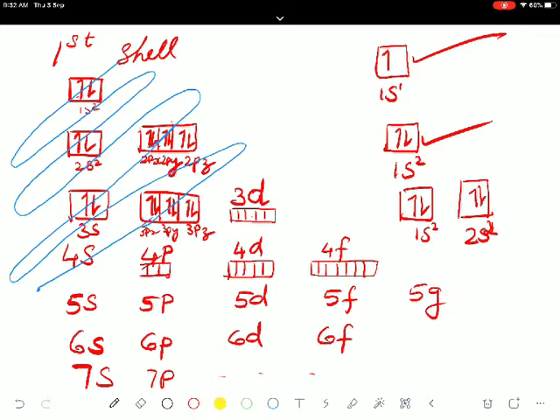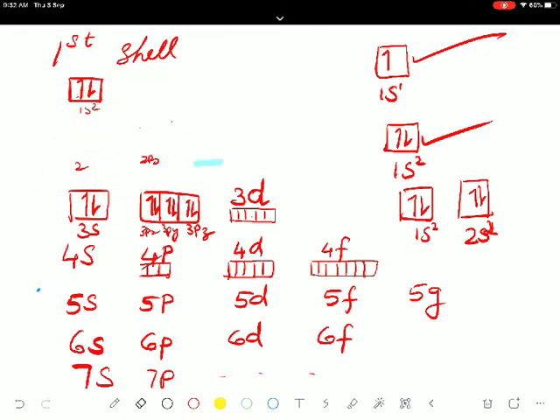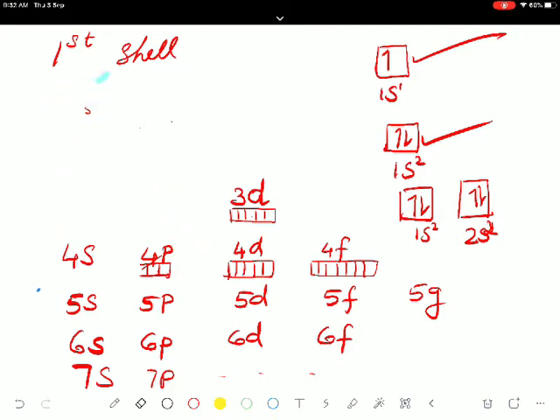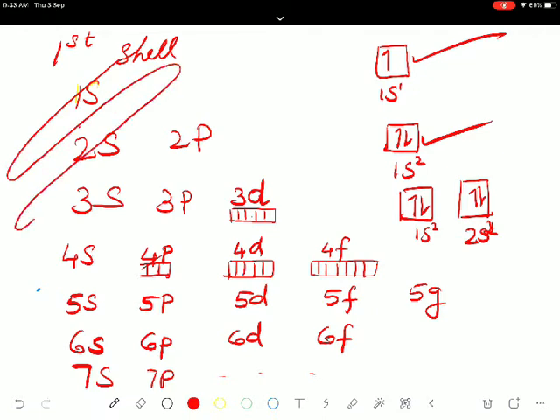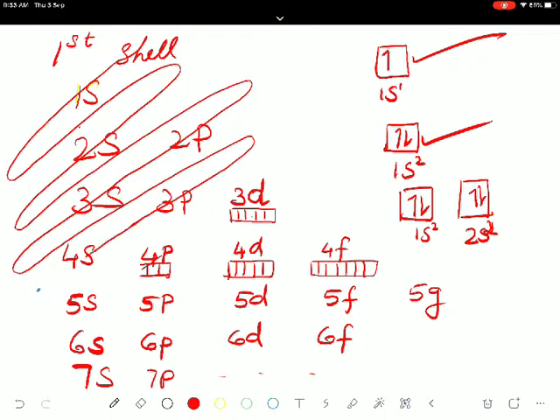So this is 1s, 2s, 2p, 3s, 3p, 3d. So 1s, 2s, 2p, 3s, 3p, then comes to 4s.